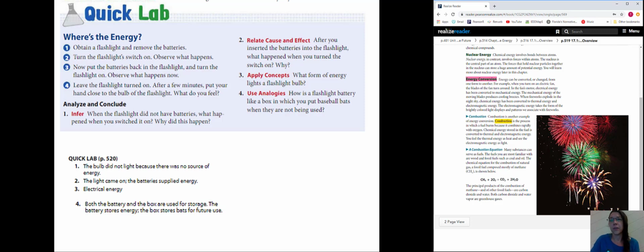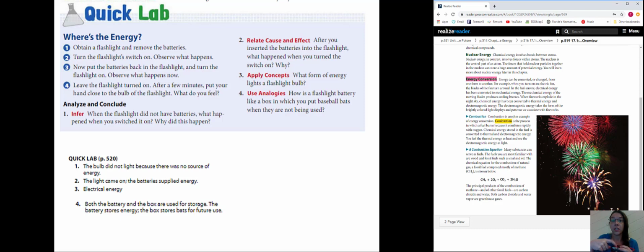So nothing happened. Number 2, relate cause and effect. After we inserted the batteries into the flashlight, what happened when you turned the switch on and why? Well, of course, we saw that the light came on, and that's because we put in the batteries, which store energy.